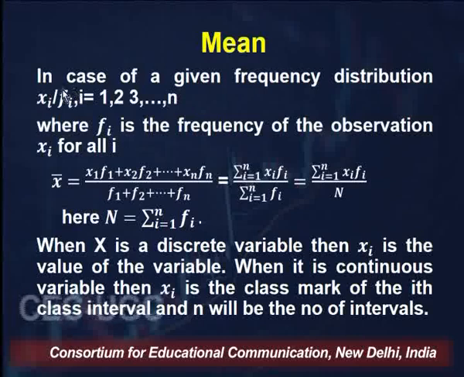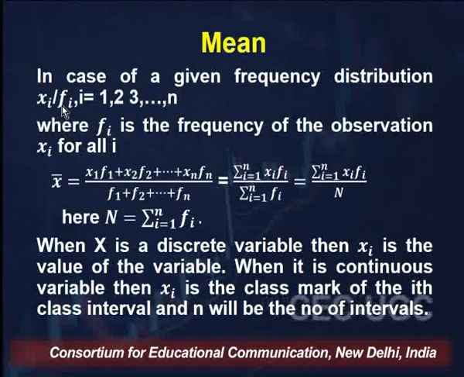Again I will repeat, when your capital X is a discrete variable, then this small xi will mean the values of capital X, and small fi will mean the number of times each value of xi is repeating, that is the frequency of the ith value of x. So, here I will be given x1, x2, x3 and so on xn and corresponding f1, f2, f3 and so on fn. That is the case when you have a discrete frequency distribution.